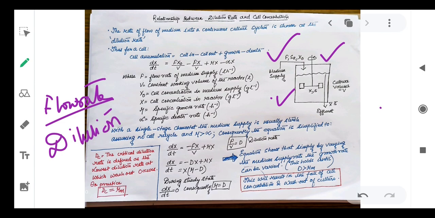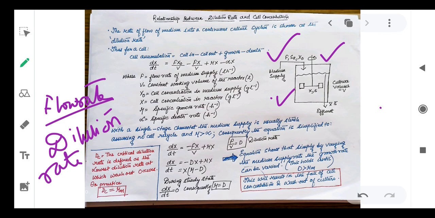So we have to control the flow rate and the dilution rate to maintain a constant number of cells, such that our fermentation is completed within the stipulated period of time, with accuracy, and it should be optimum. That is why we need to regulate the flow rate and the dilution rate, and why we first have to understand the kinetics behind it.